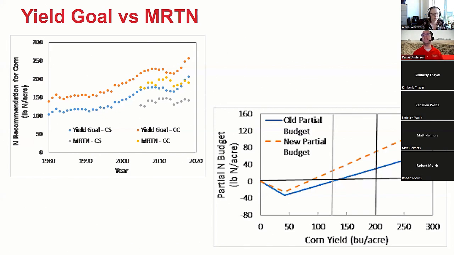And one thing that I think we see happening, because those yield goal methods are increasing every year, they're diverging from what that MRTN recommendation is, right? Because they're increasing so rapidly while that MRTN rate is almost constant. It says that yield goal maybe early on was a pretty good approximation of that MRTN rate, but not so much anymore.